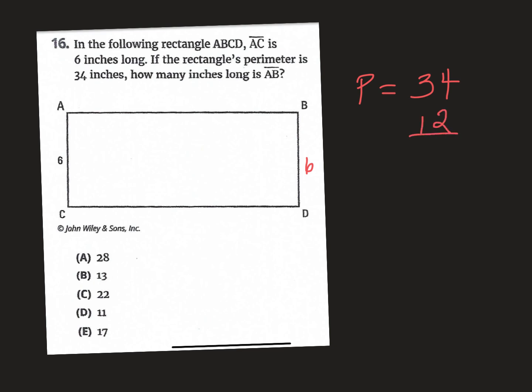And then we know that the other two sides have to be a total of 22. What does one side have to be? 11. So AB is 11 and CD is 11. They want to know what AB is. Letter D.